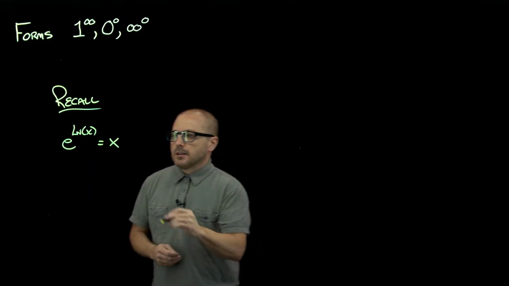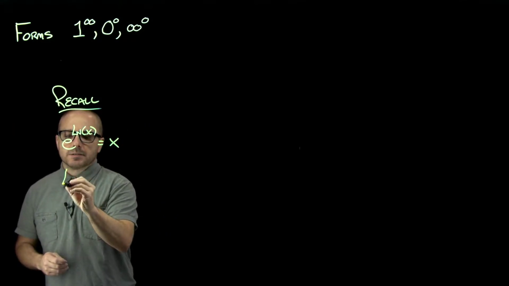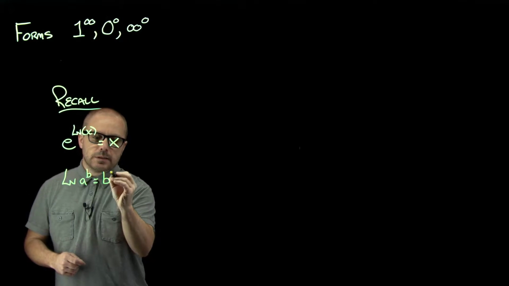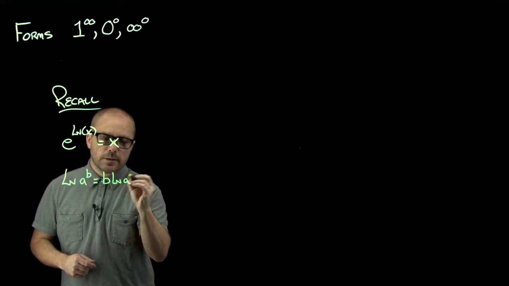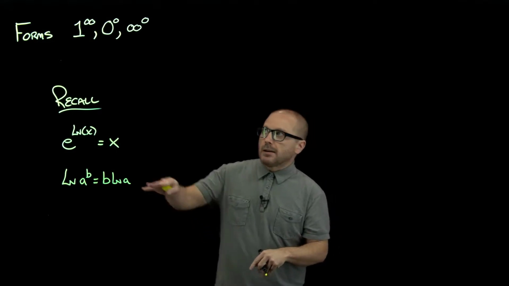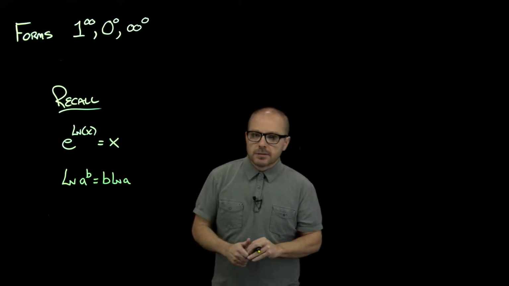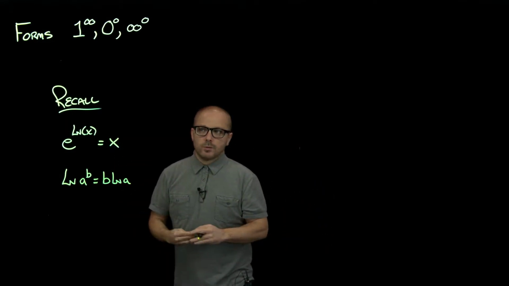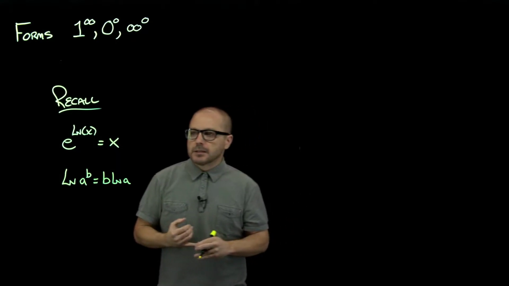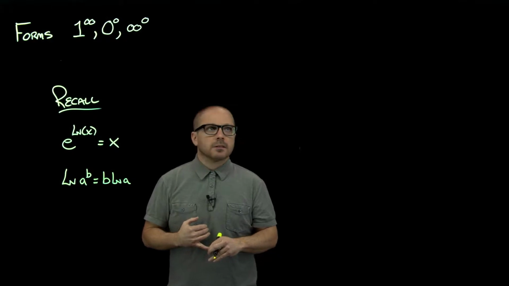We're also going to take advantage of the property of logs, that natural log of a to the b is b times natural log of a. So those two things together will allow us to manipulate our original limit so that we can get it into a form that we can use L'Hopital's rule. So first of all, let's look at an example of how this would go.